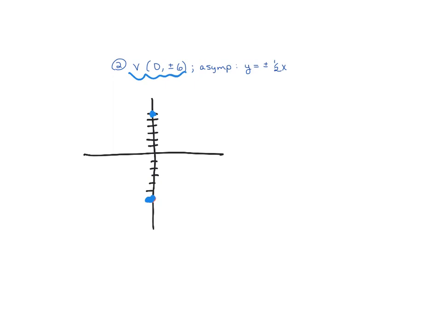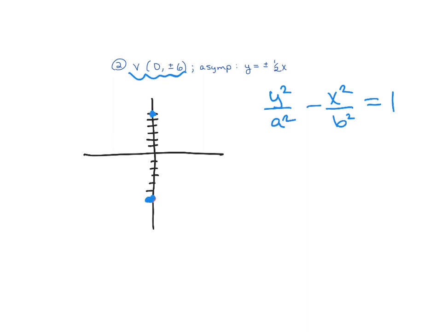Now, we can already see that my graph is going to touch the y-axis. So this tells me I'm going to be using this formula with the y squared first, then the x squared. Again, a squared is always under the first fraction, and b squared under the second fraction.